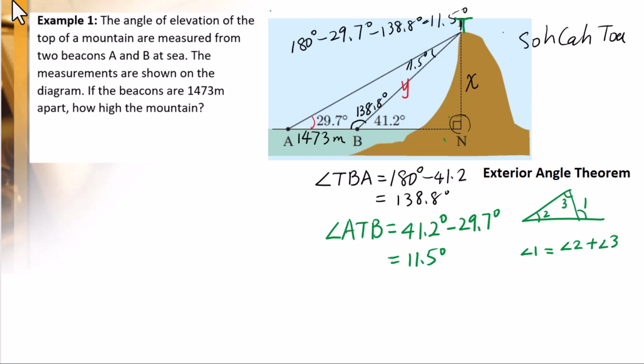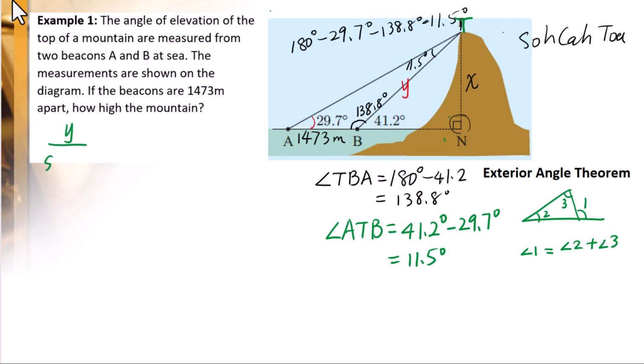TB is the common side of these two triangles. We will work out TB first. Let's label TB as Y. For the triangle ABT, all angles are known now, but they are not included angles, so we will use the sine law to figure out this y.